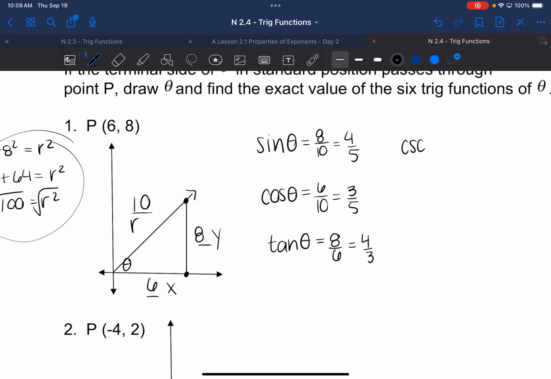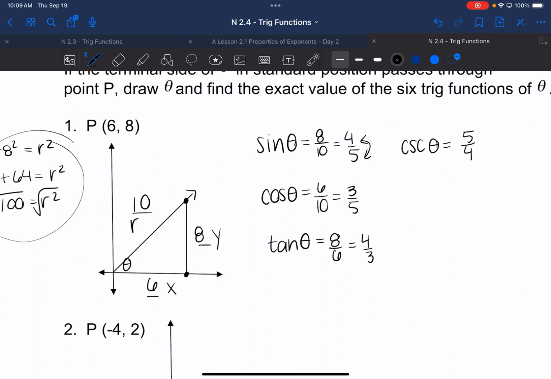Its reciprocal is cosecant. So cosecant would be what? 5 over 4. Oh, I thought you said 5 over 6. I'm sorry.